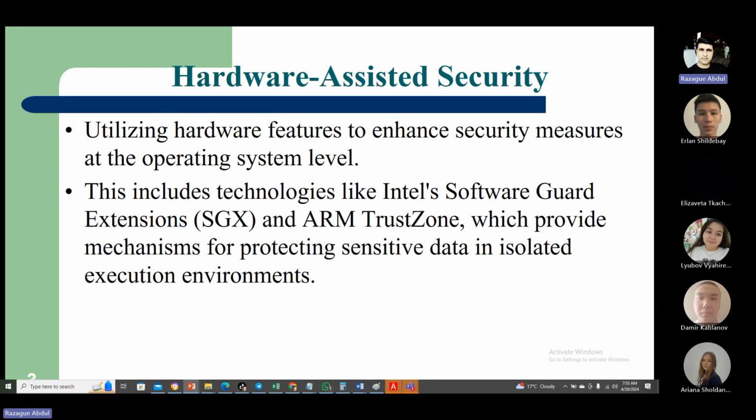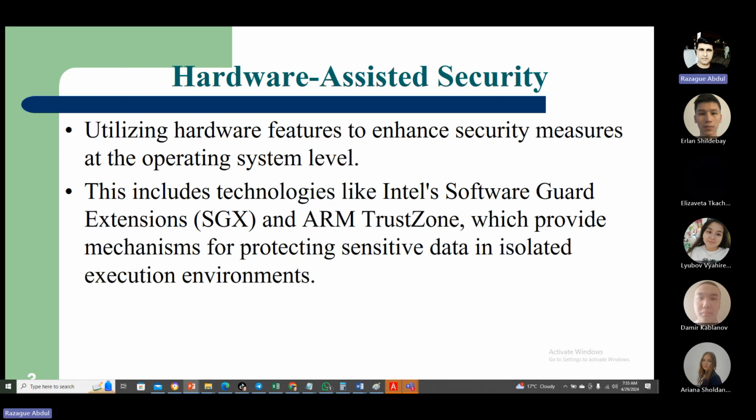First, we have to discuss hardware assisted security. As we know, in the evolving landscape of cybersecurity, hardware assisted security has emerged as a critical line of defense for enhancing the security measures of operating systems.